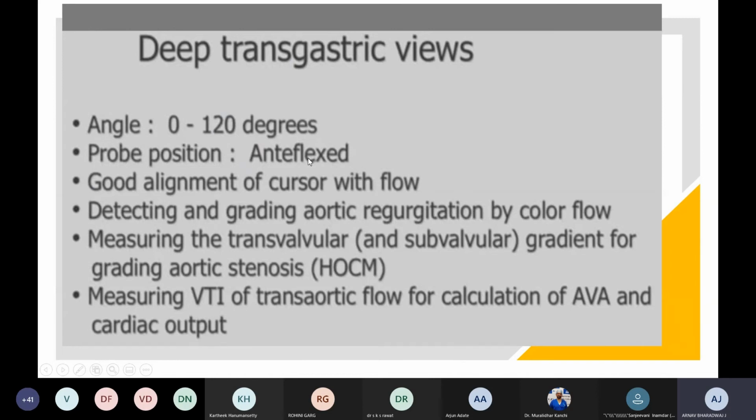The probe position is anti-flexed. It has good alignment with the cursor for the flow for the measurements, and it helps in detecting and grading the regurgitation by color flow as well as utilization of the continuous wave and also the pulse wave Doppler. And we can measure the VTI and cardiac output also in these views.